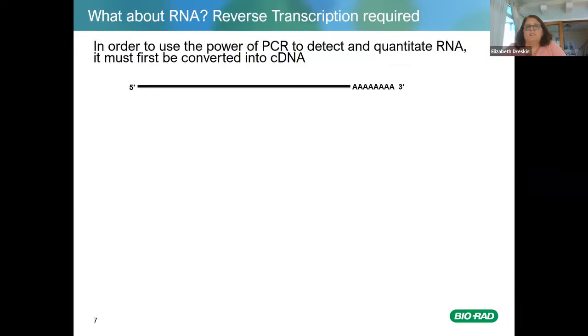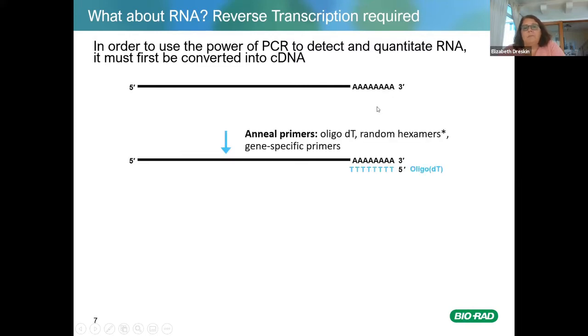What happens if you want to quantitate messenger RNA to look at protein expression? First, your RNA has to be converted into cDNA. So this is an example of a messenger RNA with a poly-A tail. We'll need to anneal primers like oligo-dT, random hexamers, or gene-specific primers.